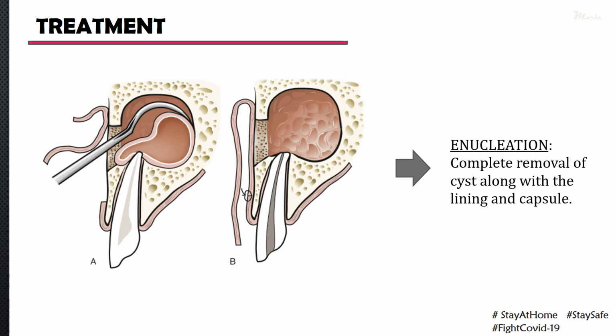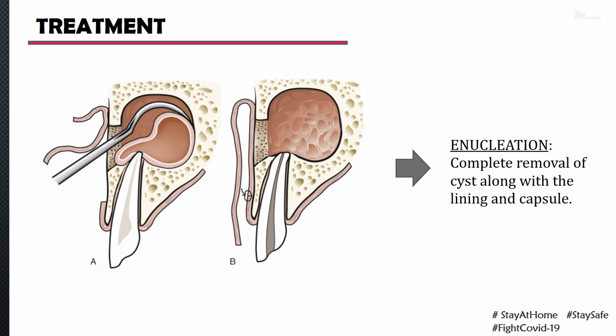So, a mucoperiosteal flap is raised first, followed by creation of a window within the bone so as to expose the cyst. Once the cyst is accessible, an attempt is made to remove it completely in toto. So this complete removal of the cyst is referred to as enucleation.